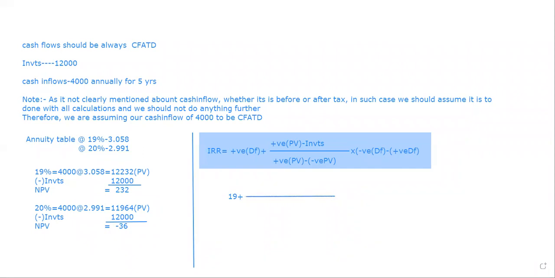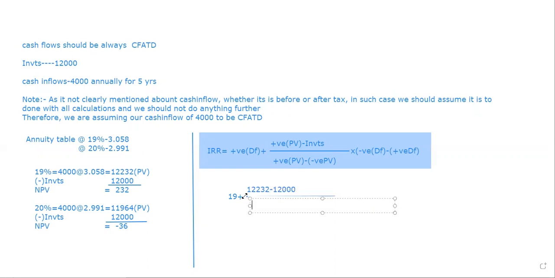So here, what is the next one I said? Positive present value I have taught. The total positive present value is how much? We have got this one, 12,232. So that one I'm going to take. So 12,232 minus investment, which is 12,000.